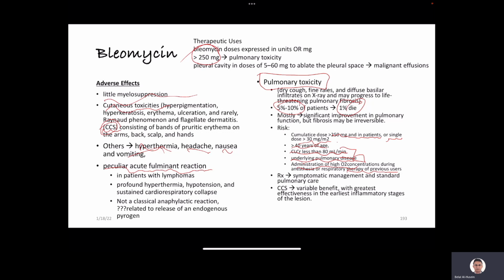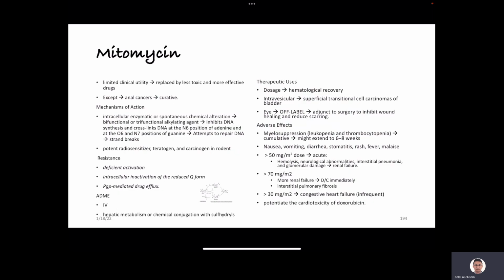Treatment is mostly symptomatic or supportive for those patients. Corticosteroids could be administered if they were administered immediately after inflammatory changes have been detected with bleomycin administration.